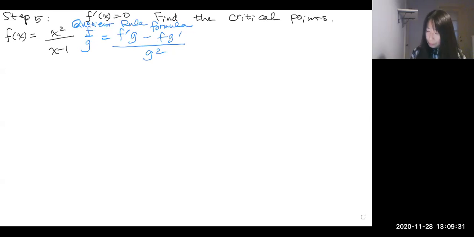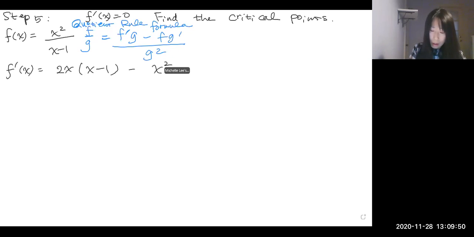So f prime, what do you get? f prime is 2x times g, minus f times g prime, which is 1, right? Over g squared, which is (x - 1) squared.